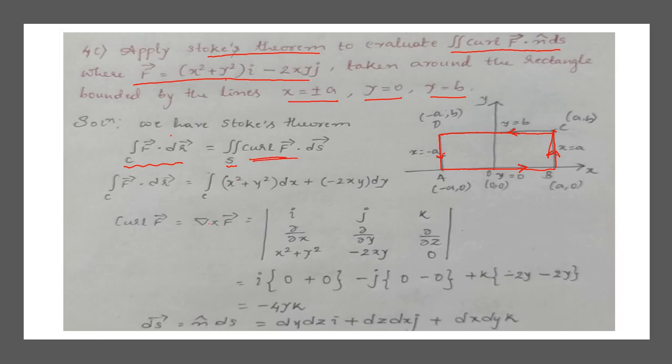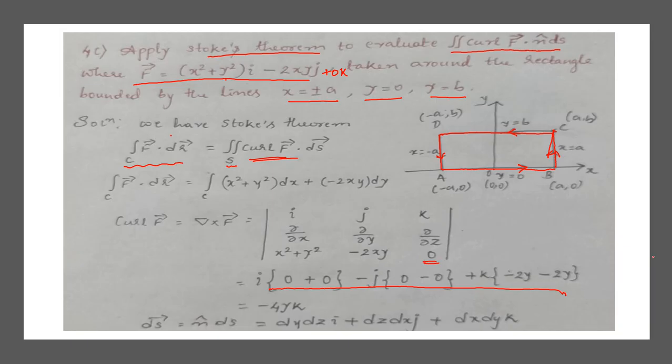Curl f is nothing but del cross vector f. So I will consider the determinant, as there is no term in k here. It is plus 0k. That is why we have denoted it by 0 here. Then expanding the determinant, I got this value.